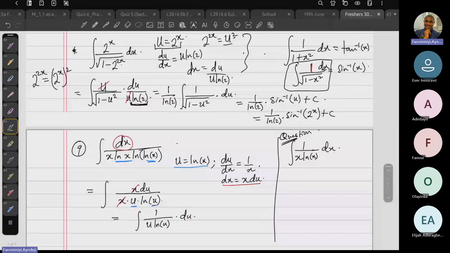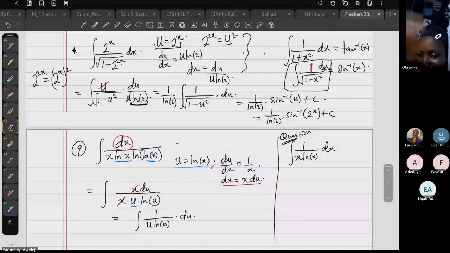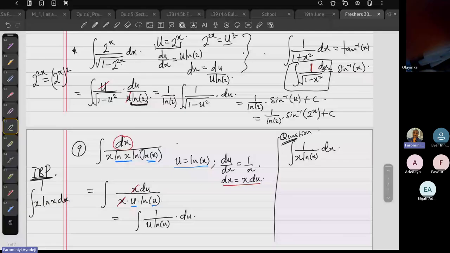It's different from when you have the integral of x ln x. This one has to be integration by parts. But when you have 1 over x ln x, that has to be u substitution.